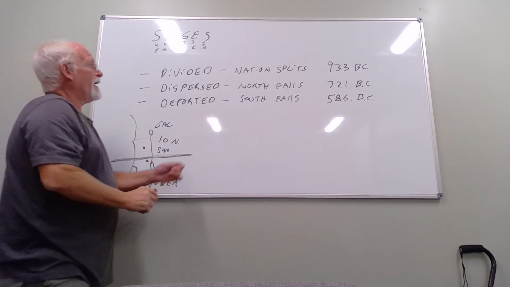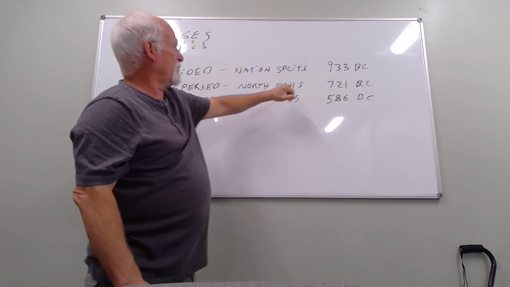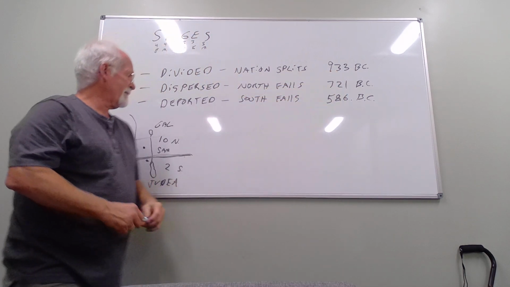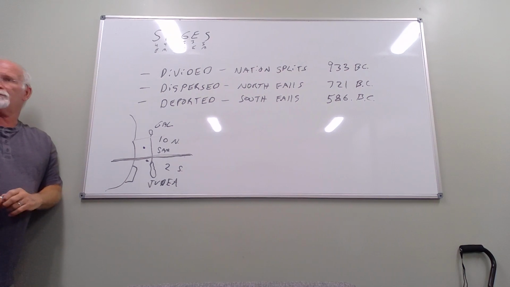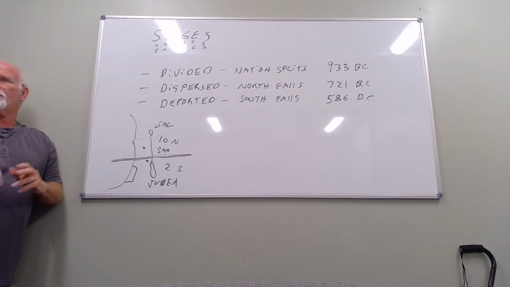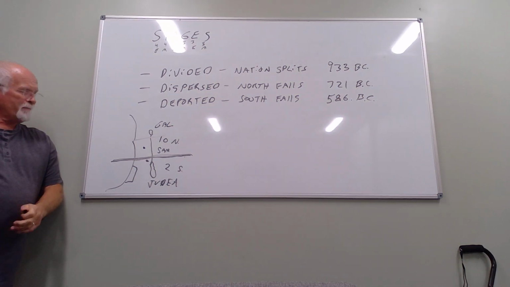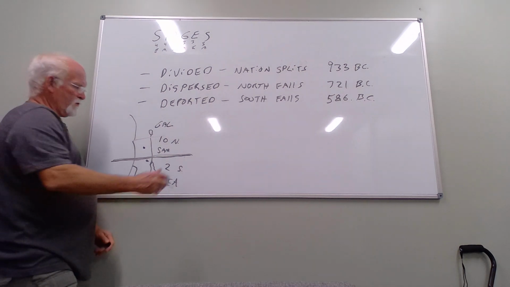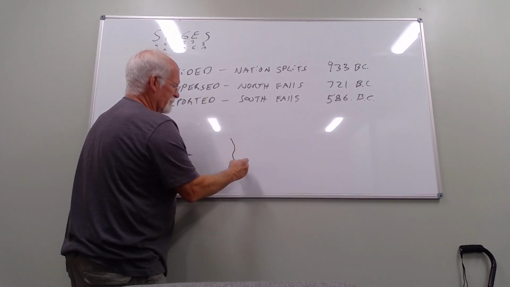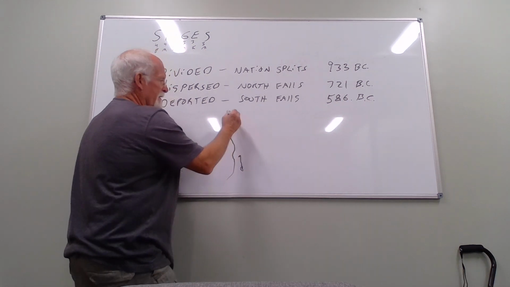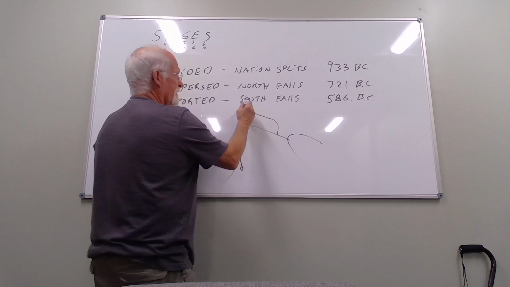And then what happens is the nation splits in 933. Then the north falls. The Persians come in and destroy the 10 tribes to the north, and they are what's considered the lost 10 tribes of Israel. Because if you looked at a much smaller map of Israel, the Dead Sea is there, the Sea of Galilee's here, and up over here you've got the Persian Gulf, where the Gulf War was.